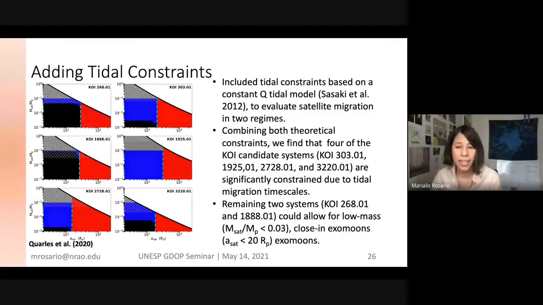And we find that the other 2 could allow for low mass exomoons that are really close in. So here we see an application where we can use the expression for critical semi-major axis that I derived to assess the candidacy of observed exomoons.